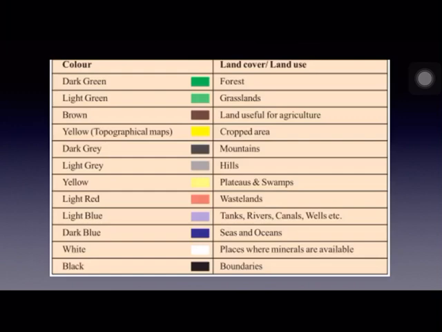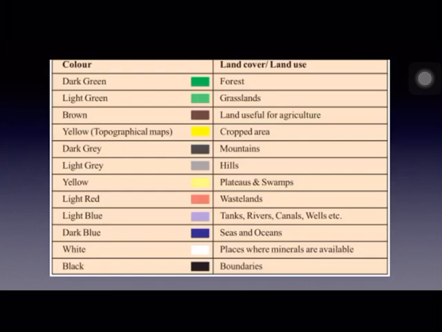Now the next one: how different colors are used for showing these physical features. For example, I am giving you 2 or 3 examples from this table. You can see this table in your textbook also. Dark green is used to indicate forests. Light green is used to show grasslands. And brown is used for land which is useful for agriculture.